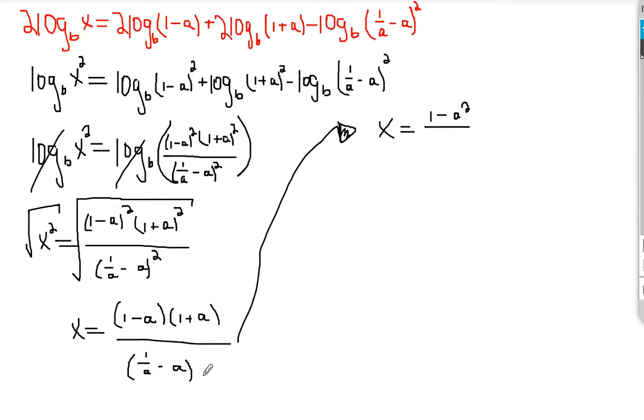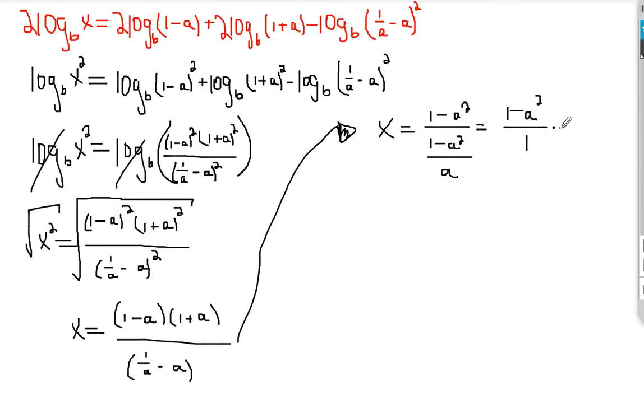As for the denominator, I'm actually going to get a common denominator. So this is an implied a over 1. So I'm going to multiply this a times this another a, the numerator and the denominator, so that I can combine those two terms. That leaves me with 1 minus a squared over a. And now you can divide these two fractions. 1 minus a squared, there's an implied 1 there.